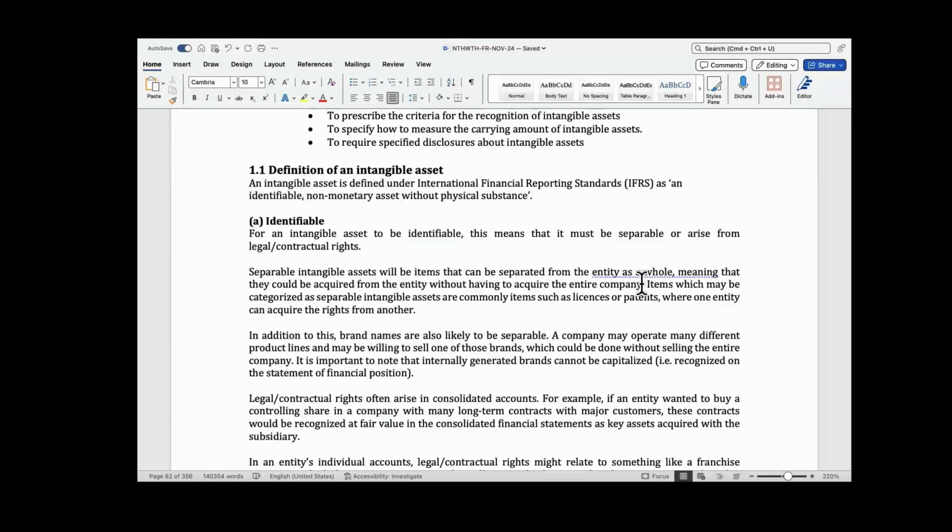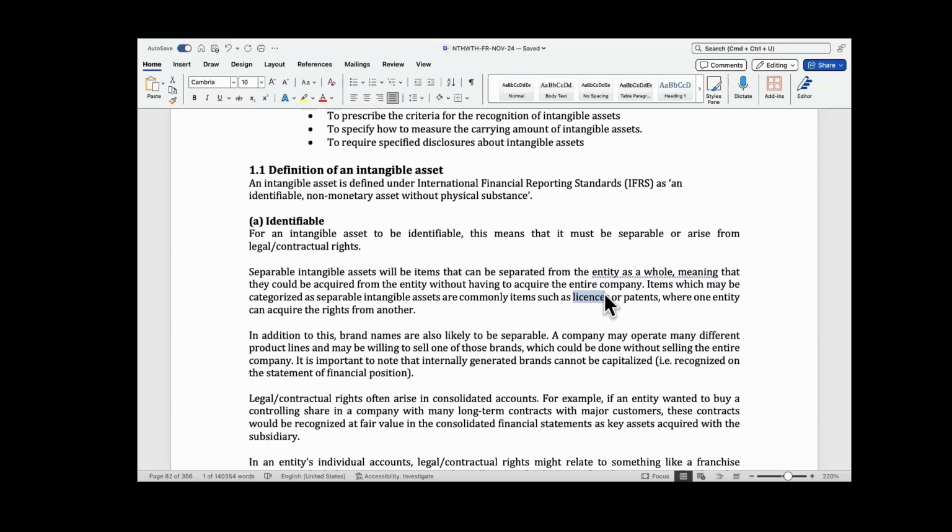And examples of intangible assets that are identifiable because they are separable are licenses. There are certain businesses you would want to do in Nigeria today, you will need a license. Typically, let's say banks.